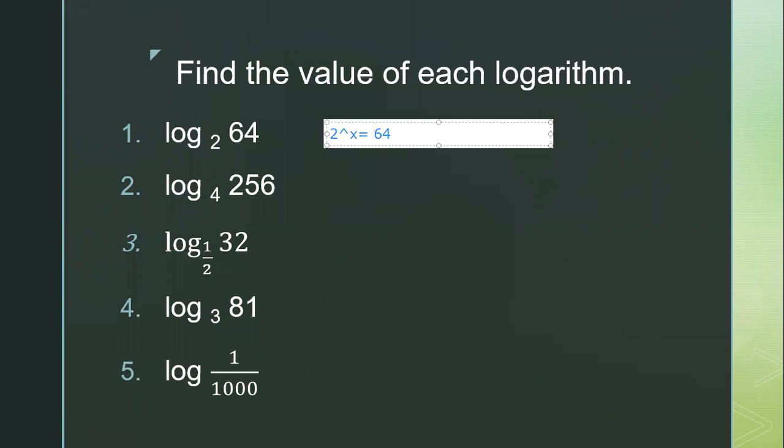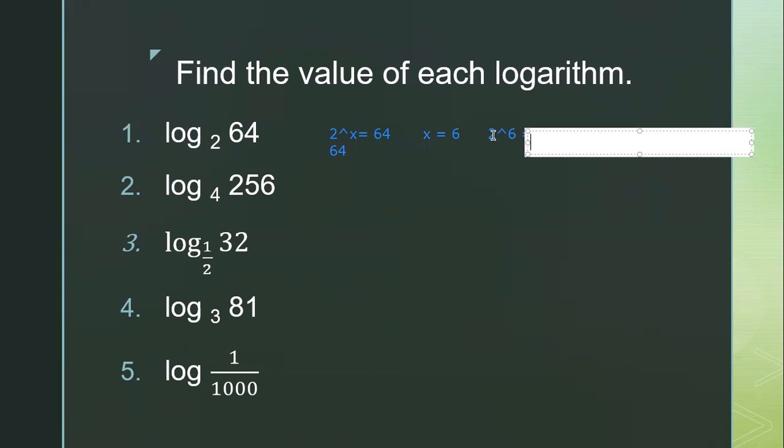So what exponent must 2 be raised to equal to 64? So try to think of it, and that will be equal to x equals 6, right? Because if you will try to check, 2 raised to the 6th power is equal to 64.